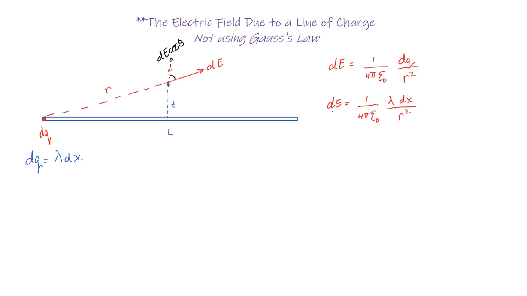So really what I'm doing over here on this side is truly summing only the dE cosine components, or eventually will. So I'll write the same thing over here again: 1 over 4 pi epsilon naught times lambda dx over r squared times cosine theta.